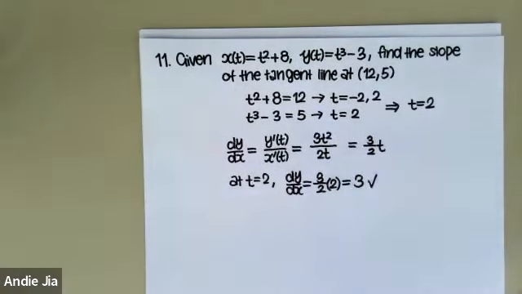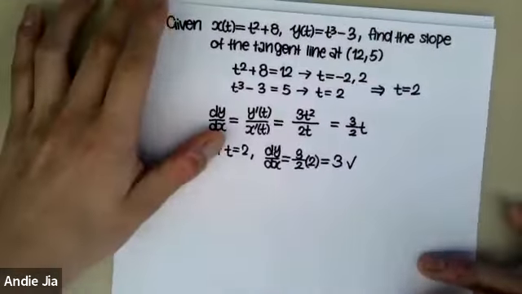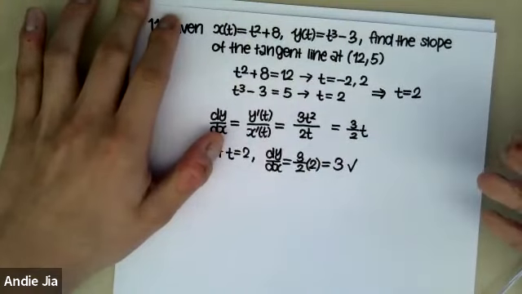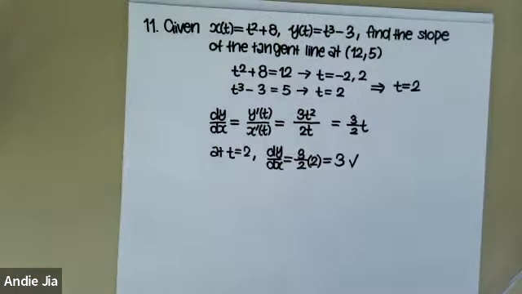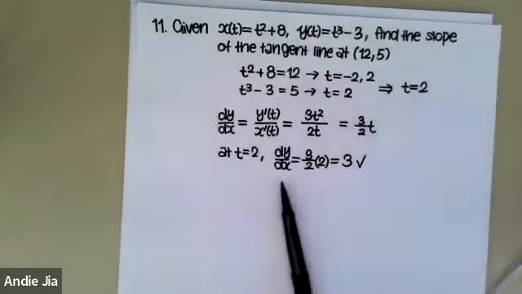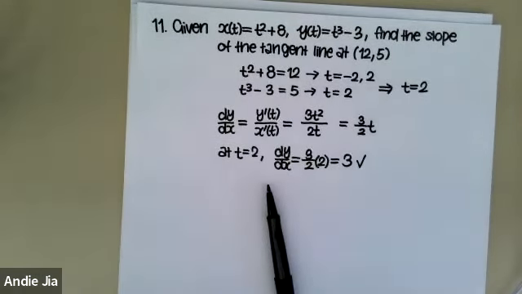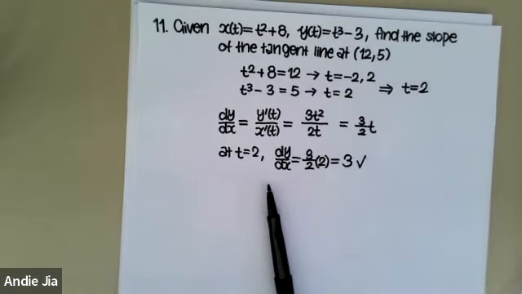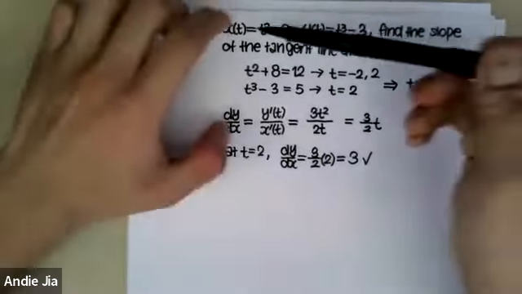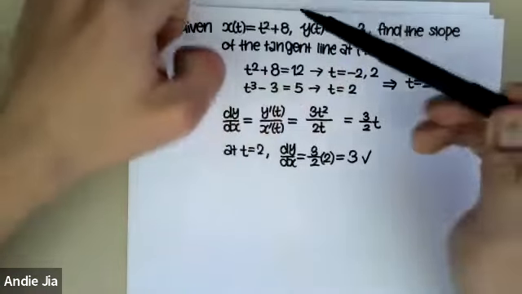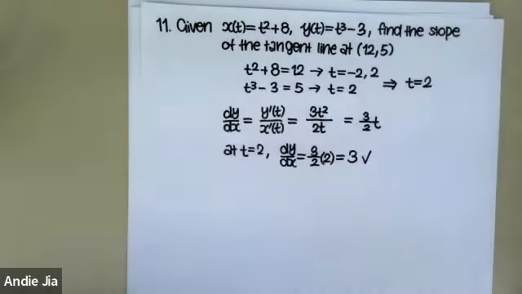So 3 is the slope of a tangent line at the point (12, 5). Does it make sense to you guys? So when you have parametric equations and a point, and you want to find the slope of a tangent line, the first step is to set x(t) equal to the x value and y(t) equal to the y value.